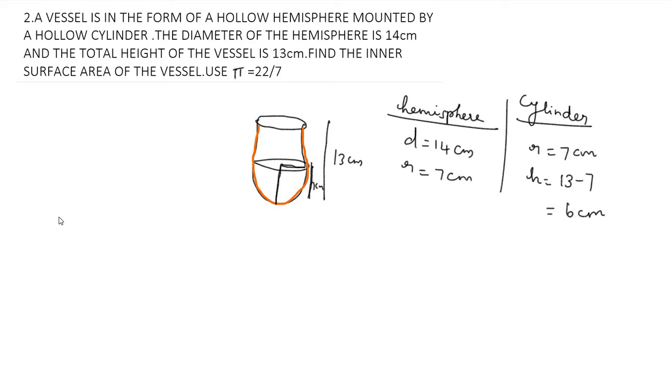So let us find the inner surface area of the vessel. Inner surface area of the vessel is CSA of a cylinder plus CSA of a hemisphere.